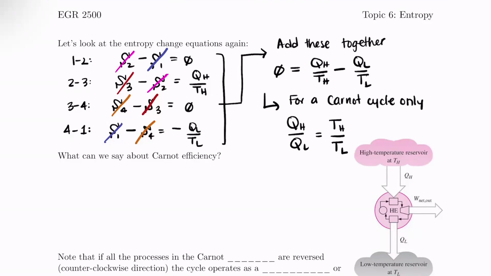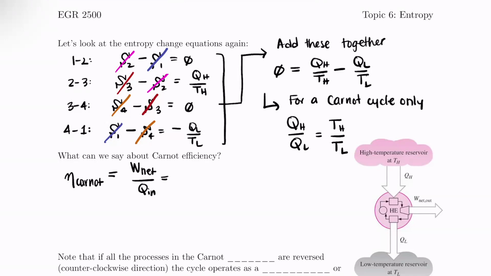All right, so let's use this fact that we just learned to talk a little bit more about how that factors into the Carnot efficiency that we talked about in the last topic. All right, so if you remember, we had eta Carnot. So this is our efficiency that we talked about last time, is W net over Q in.